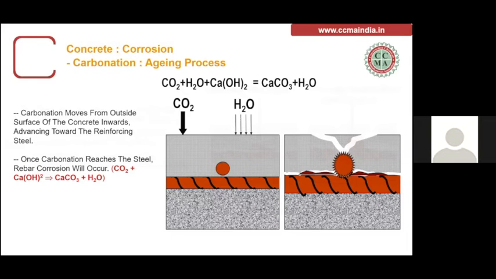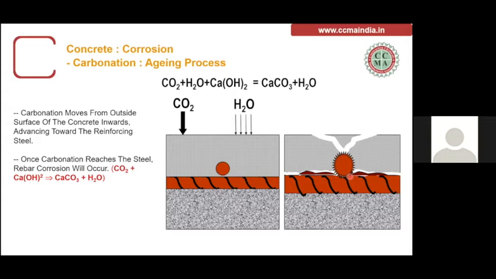The carbonation induced corrosion, in my last talk I also discussed in great detail how this process happens. A very simple process of carbon dioxide reacting with water and the calcium hydroxide to form calcium carbonate, and eventually reducing the pH of the concrete and initiating the corrosion of the reinforcement steel.